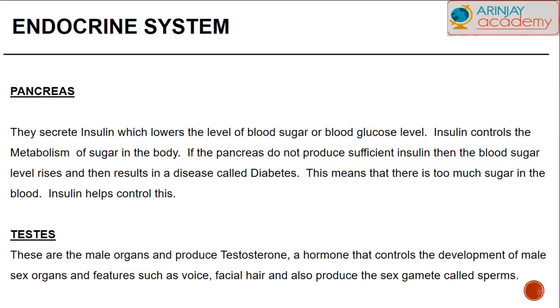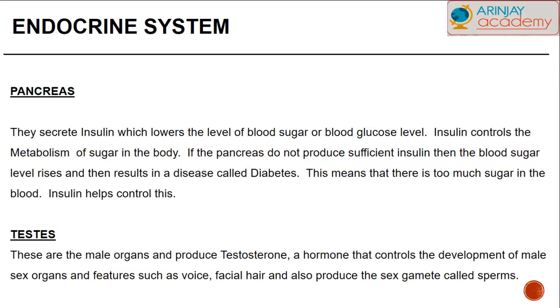The pancreas, another very important gland. We know that in our entire universe, a lot of people are suffering from a disease called diabetes. Diabetes can be regulated and controlled if the pancreas, which is a gland, produces a hormone called insulin. This helps to lower the level of the blood sugar or blood glucose level.